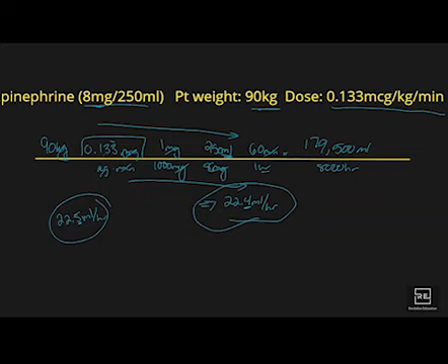However, when we multiply that across, what we ended up doing was rounding that to 0.133 mics. And it's because we didn't incorporate that 3 repeating that there's that difference between 22.5 mLs and 22.4 mLs per hour. However, in the grand scheme of things, this is pretty close and would be considered acceptable.